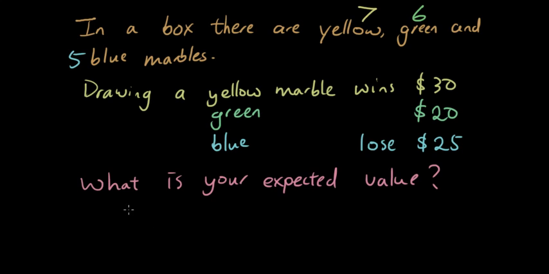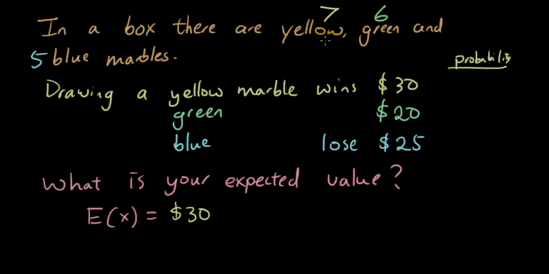So let's use the formula. Expected value equals the amount. So 30 is the amount you win for drawing a yellow marble. Now, what is the probability of getting 30? The probability of getting these amounts: 30 is 7 out of, what's 7 plus 6 plus 5?